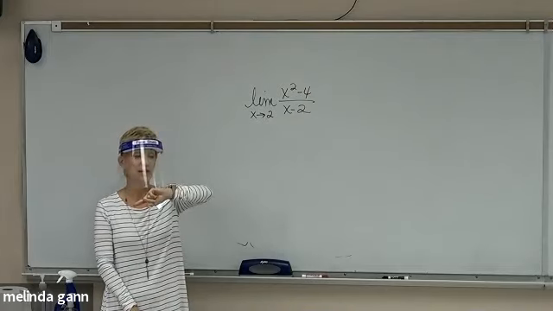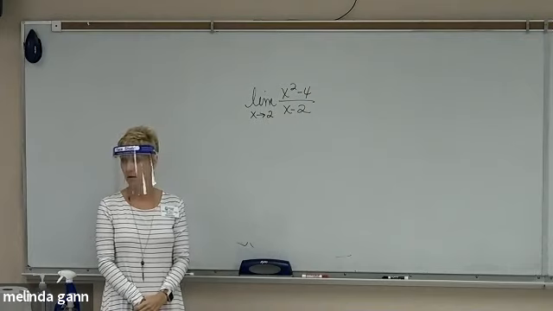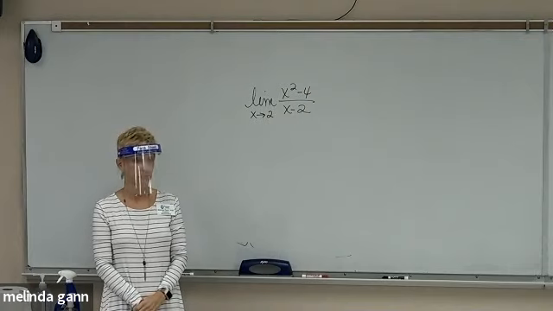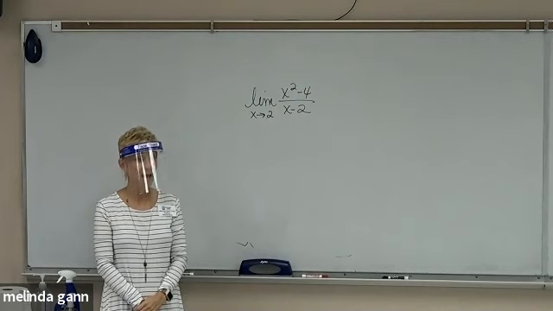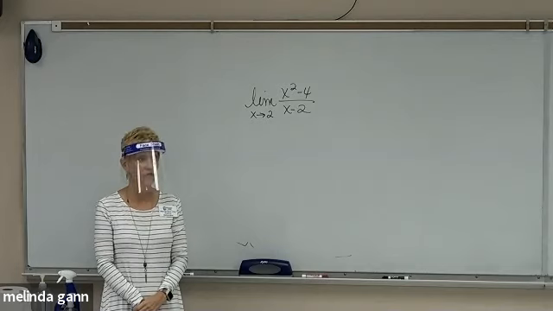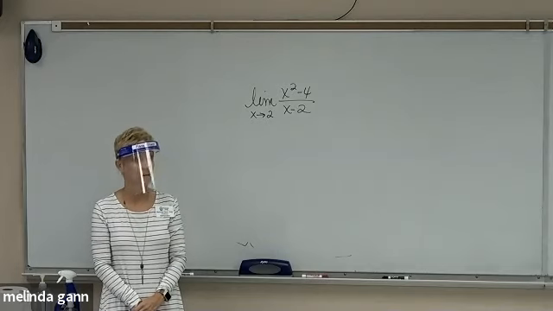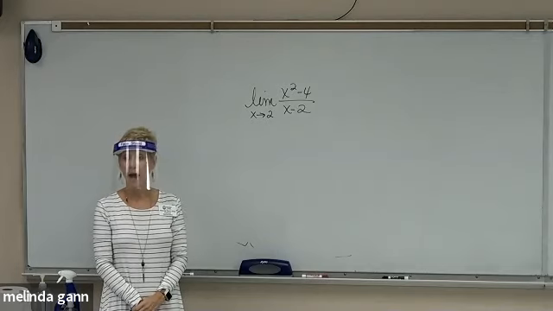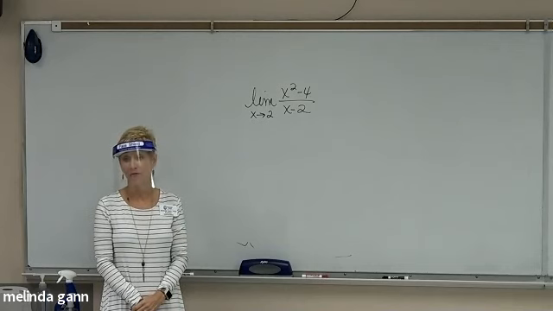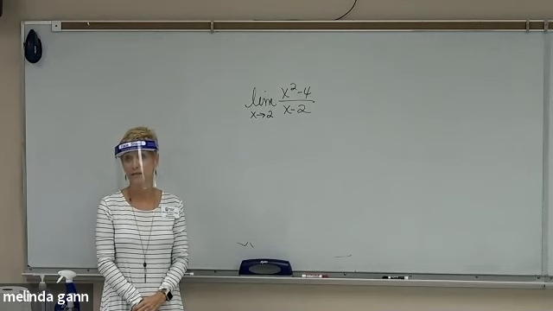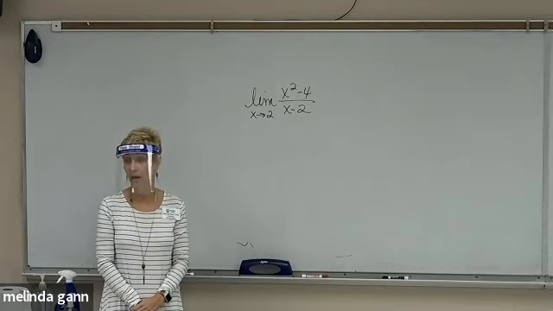So why can't I just take the 2 and plug it in? Because that bottom goes to 0. Now, when that happens, sometimes you can do something to fix it, and sometimes you cannot. So they're kind of what you might think of as a trick, but I don't want to use the word trick, because they're an algebraic manipulation.